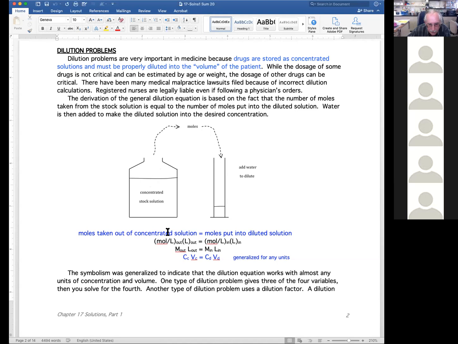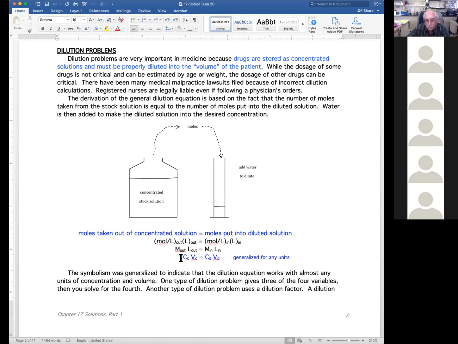So look at how we derive this. The moles that we take out of the concentrated solution is equal to the moles that we put into the diluted solution. But we could calculate by saying moles per liter times liters of what we took out, equal to moles per liter times liters of where we've done our dilution. Then I can just codify moles per liter into M. And then, does it really have to be liters? Does it really have to be moles per liter?